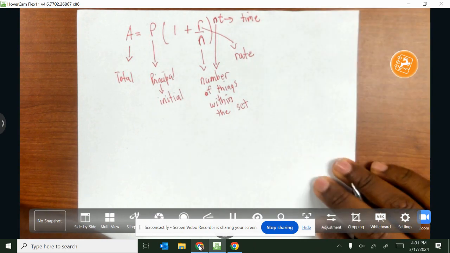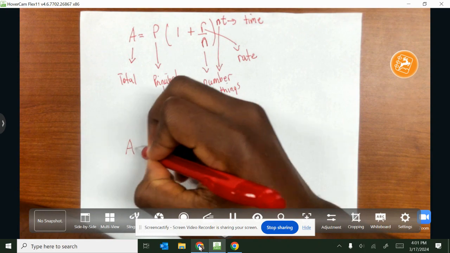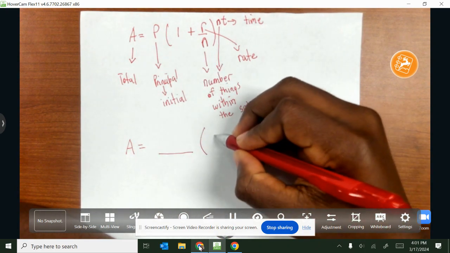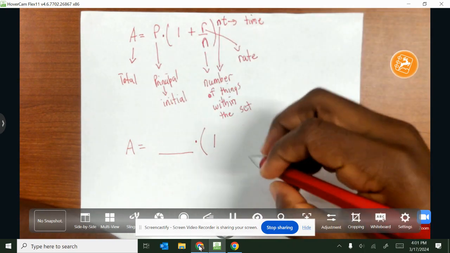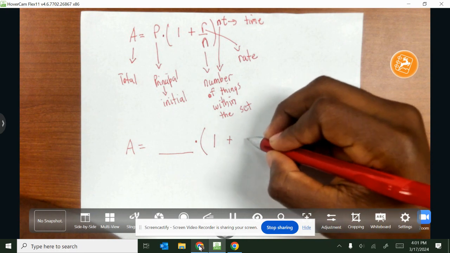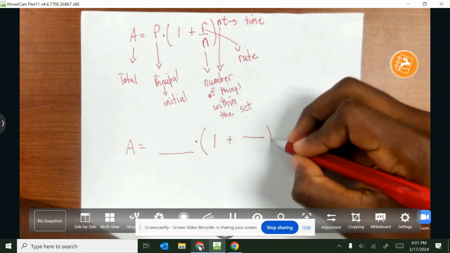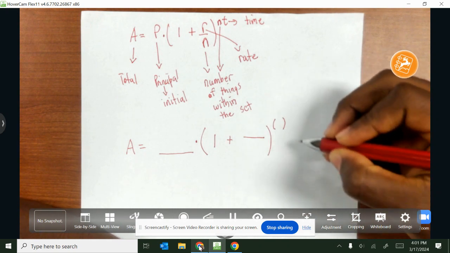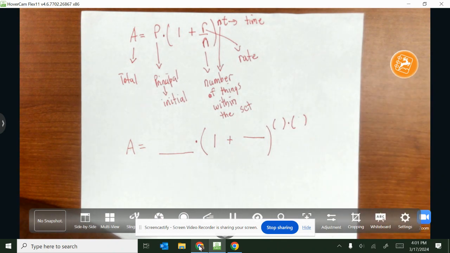All right. So what we're going to do, guys, is write A is equal to some principal, parentheses 1 plus some rate over some N amount of things, to the exponent of some N being multiplied by some T. So let's read the question to get this information.